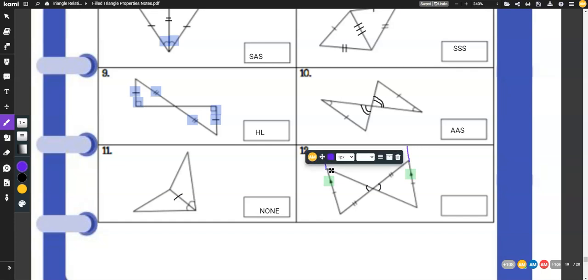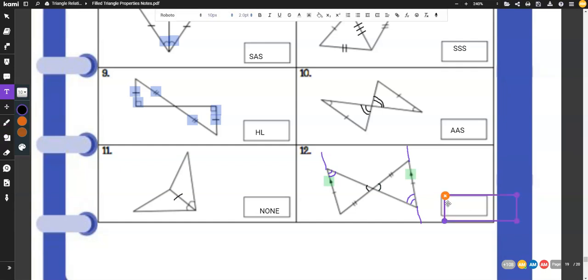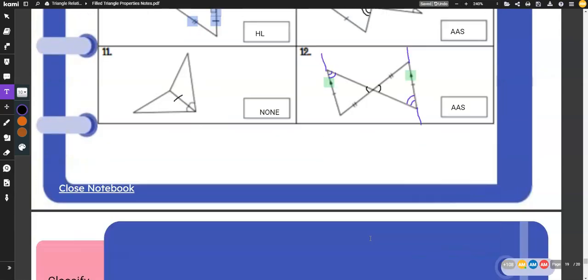So this angle here and this angle up here are alternate interior angles. So now we have angle, angle, side, and that will definitely be a correct one. So we have 2 angles and a non-included side. We can do either of them. This is angle, angle, side. So you have to think about what you know from other units that could possibly help you.